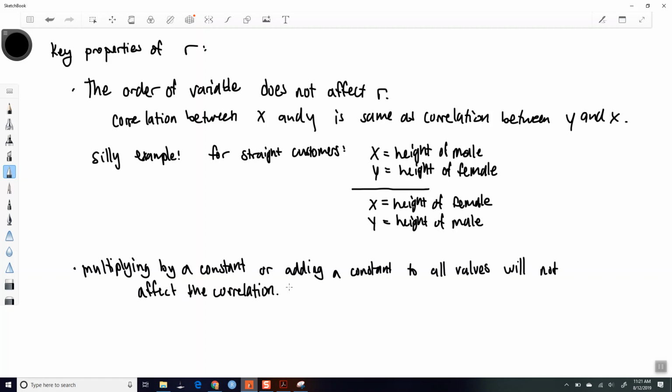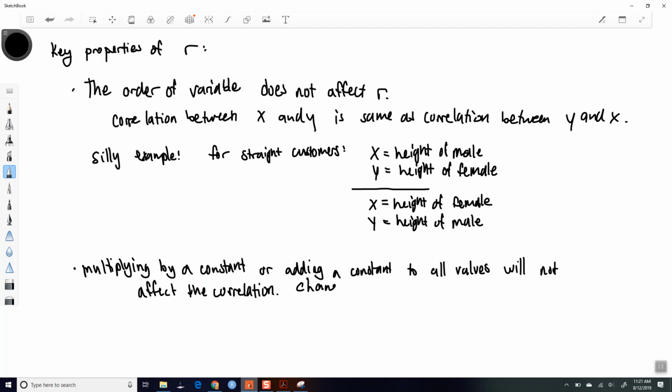Okay, so practically speaking, this just generally means if you change the units, that's not going to affect the correlation. So if you decide to change from measuring in inches to measuring in centimeters, that's not going to affect the correlation, okay?